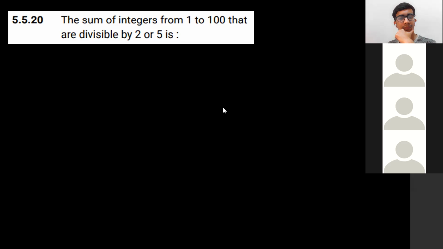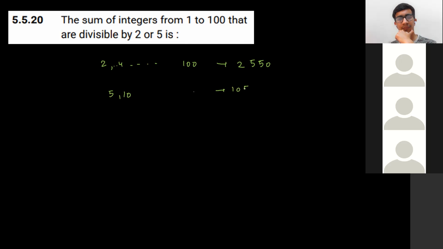So sir, first we can take a equals 2. If we calculate the sum for all numbers divisible by 2, we will get 2550. Then we do the same for 5, and we will get 1050.